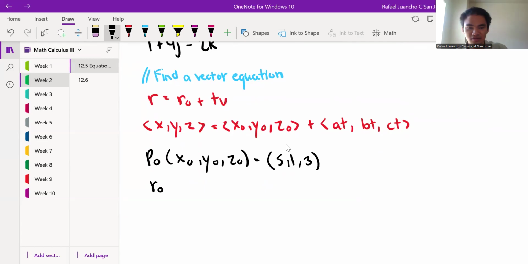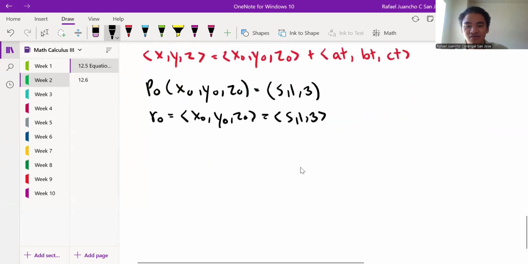So that means our R naught is the vector 5, 1, 3, because that's the distance from the origin. That's the position vector. So we got R naught.